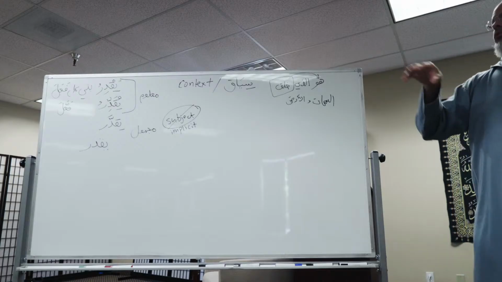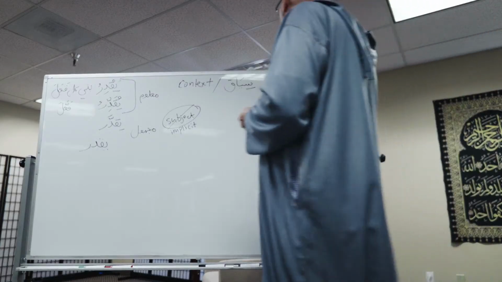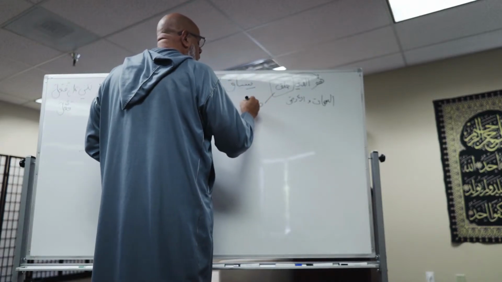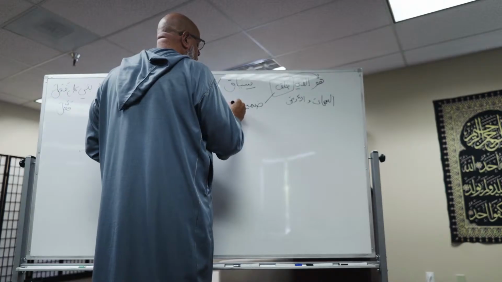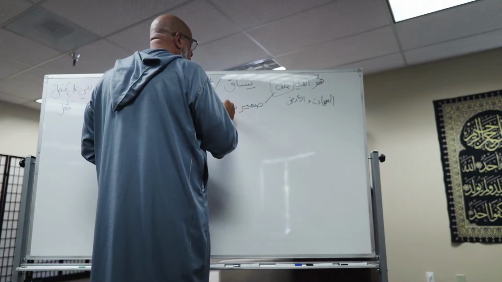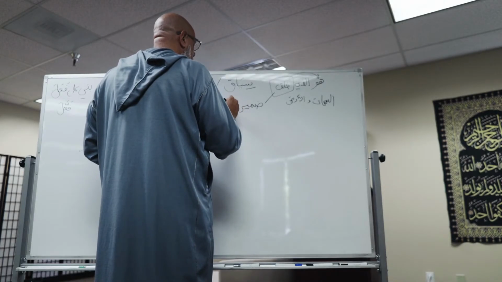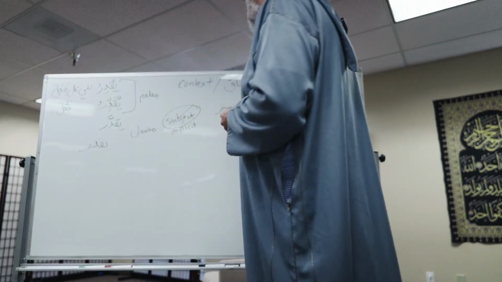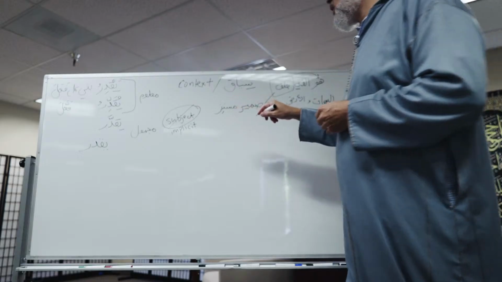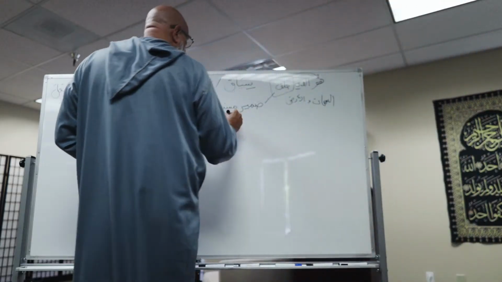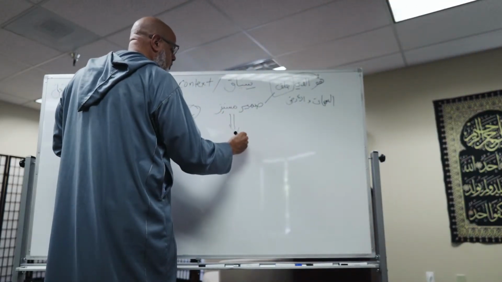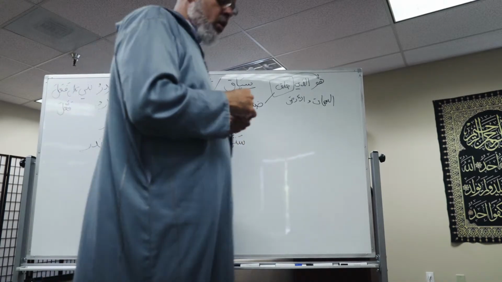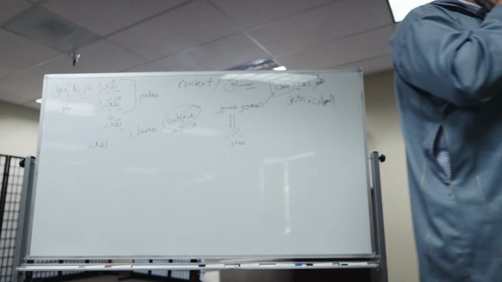And so you can refer to it with the implied pronoun, we call this damir mustatir, right? The word mustatir comes from the root of satara. What is satara? What does that mean? Cover?